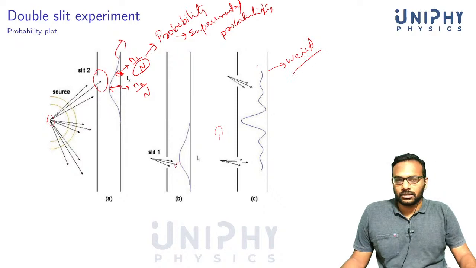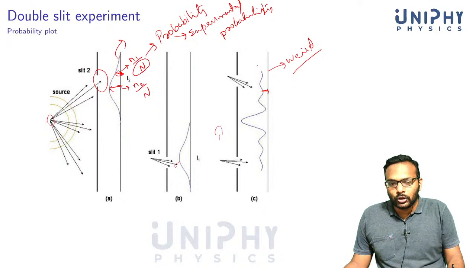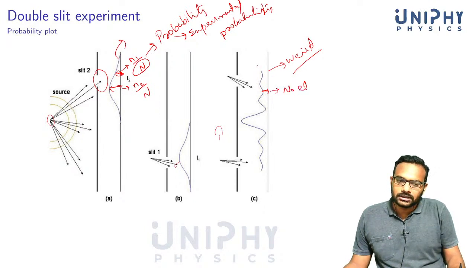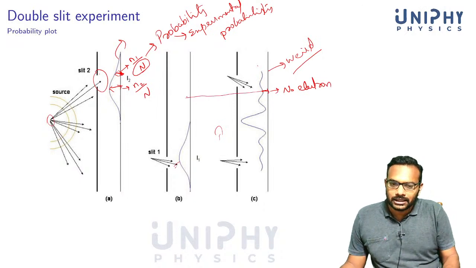It's actually weird. The important thing is that if, for example, you take this point, these points are of 0 probability. The low points of this probability plot are points where there are no electrons. But if you look at the same point on the screen with only one slit, you see that there were electrons here. Am I right?